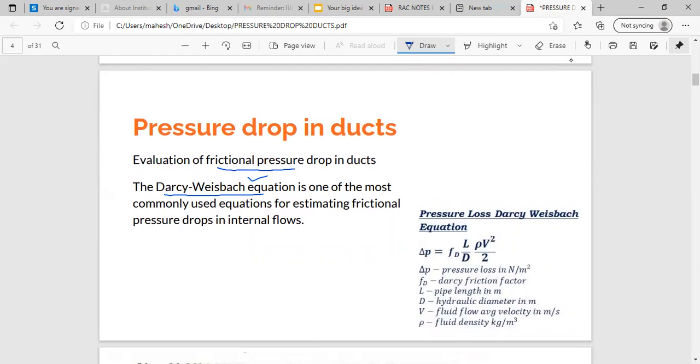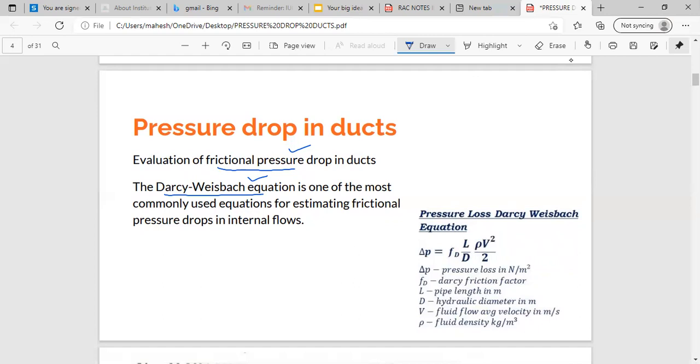The equation I have written over here is delta P equals f_D into L by D into rho V square by 2, where delta P is the pressure drop, f_D is the Darcy frictional factor, L is the length of the duct, and D is the hydraulic diameter of the duct.